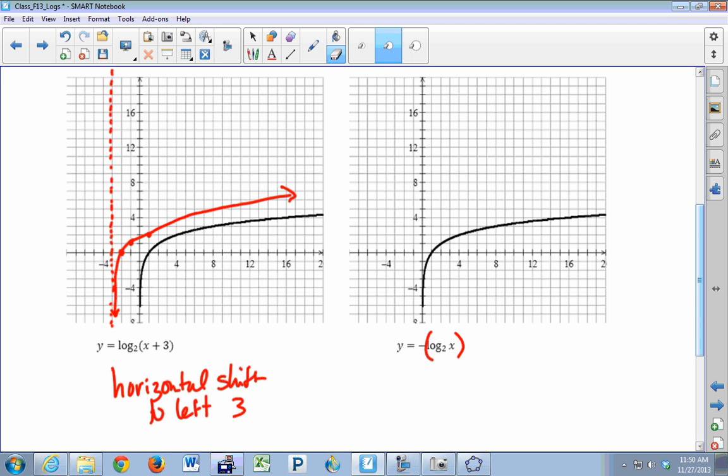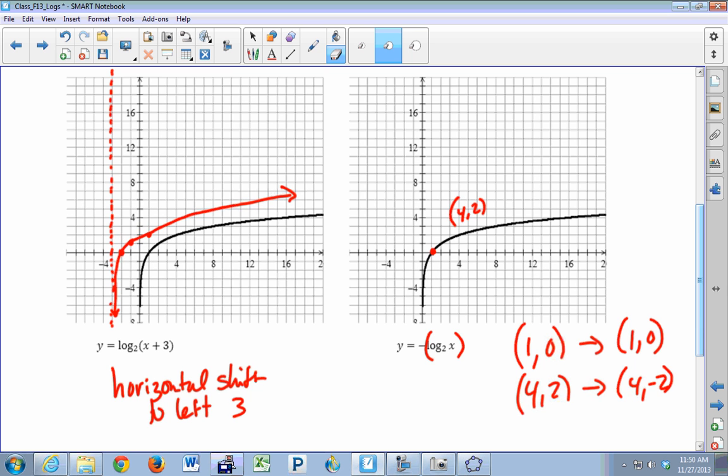So what's going to happen to 1, 0? I change my output to its opposite, so 1, 0 stays the same. Okay, 4, 2 becomes what? 4, -2. I just changed my output.